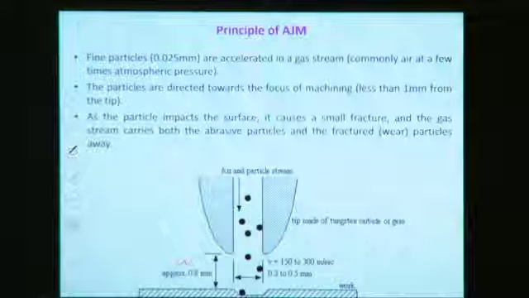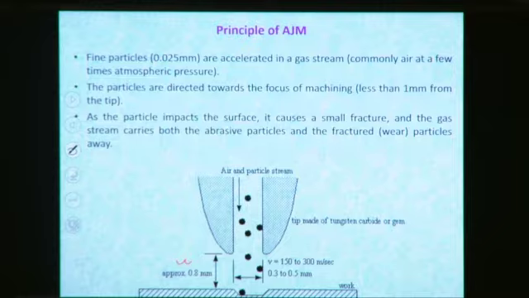So when these particles are in the gas medium or air medium, they come with a very high velocity, 150 to 300 meter per second, through a very small nozzle diameter of 0.3 to 0.5 millimeter, and this nozzle tip distance or stand-off distance is maintained at less than 1 millimeter.